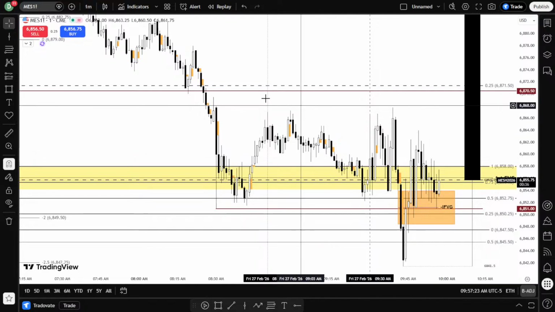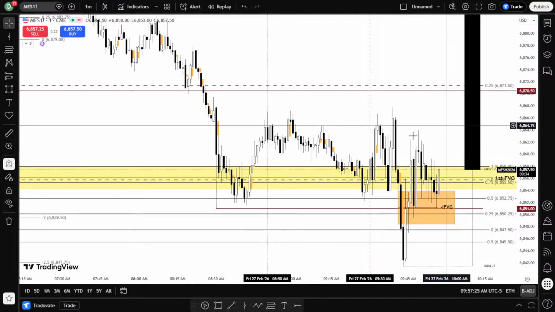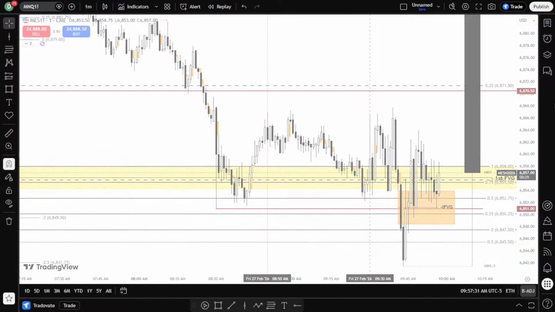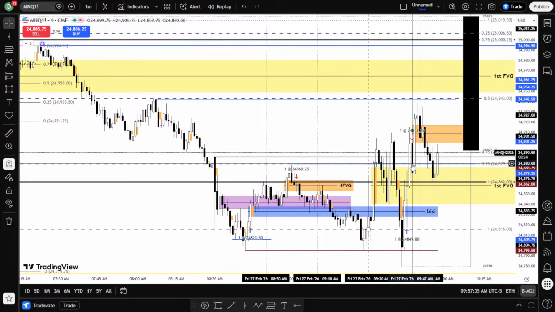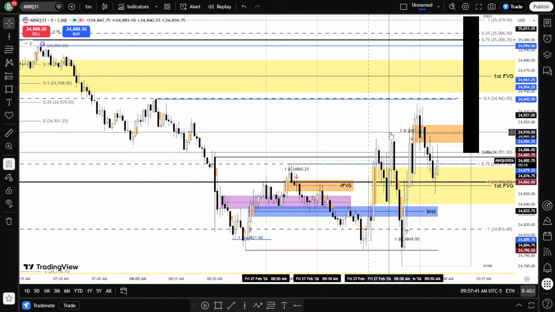So let's see. A lot of people are trying to short, and the market will punish the sellers. But the way it will punish, it can punish both buyers and sellers. So I'm staying out. I'm not rushing, I'm not chasing, I'm done.